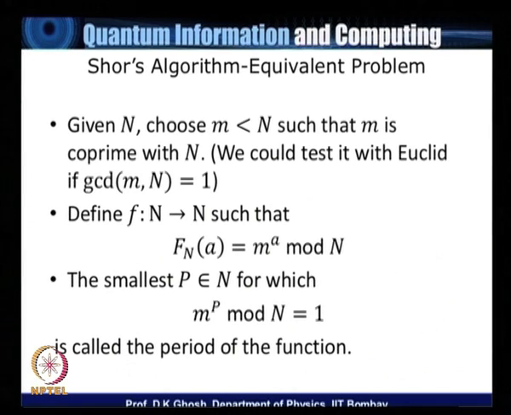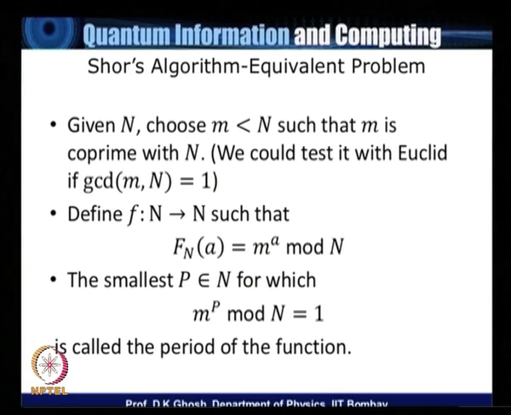We already defined what is meant by co-prime, that is, m and n do not have a common factor. Having done that, we defined a function f from the space n to n, where f(a) is equal to m to the power a modulus n, where a is some number.